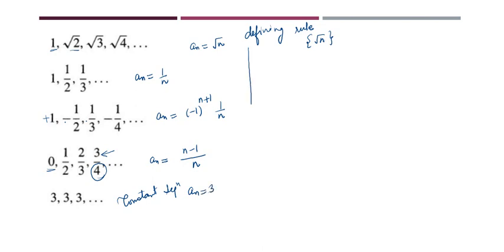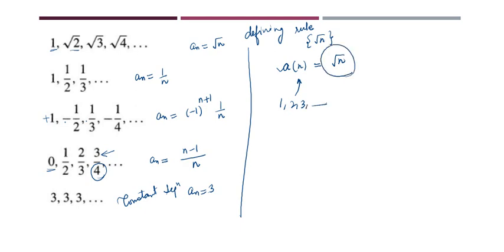So what we see over here is that I can say that I have a function a of n which is equal to some rule. Say for the first example it is square root of n, wherein I am substituting the values of n, 1, 2, 3, 4, and I'm getting some output.